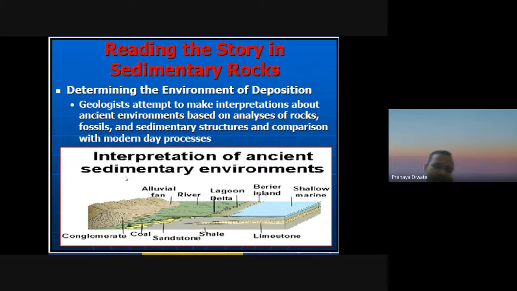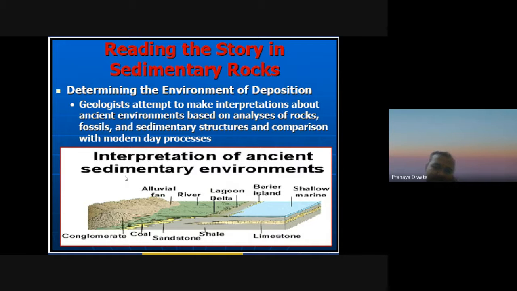A river has fining upward too, but it also has different compositions, at the point bar for example. Different conditions and different time frames give you the idea of what environment they were deposited in.